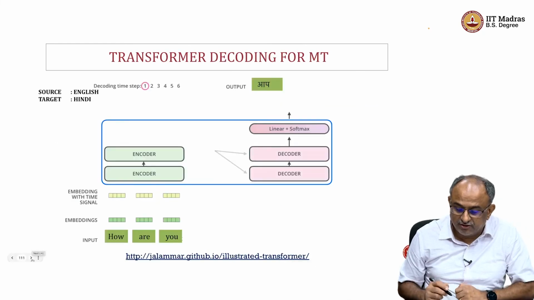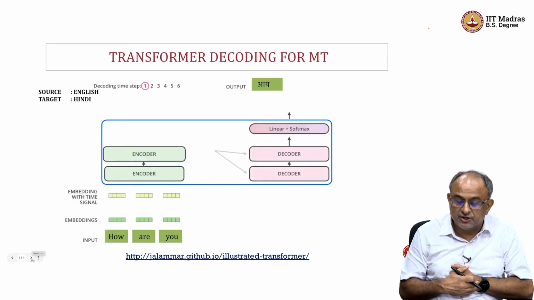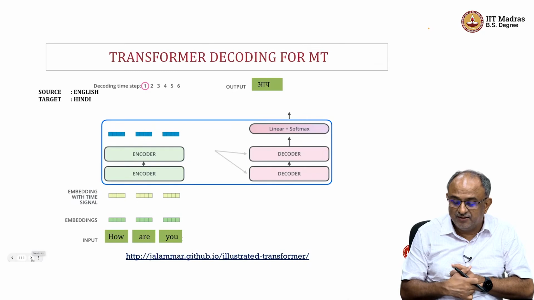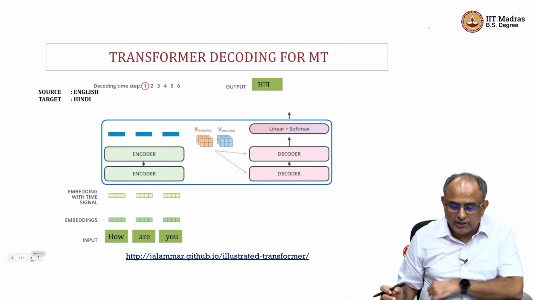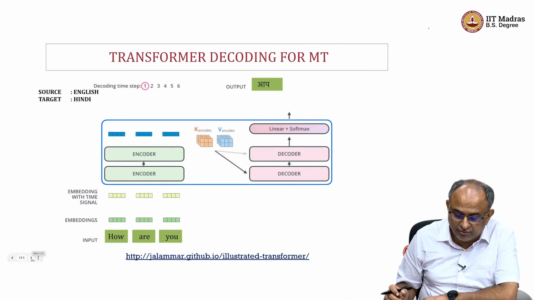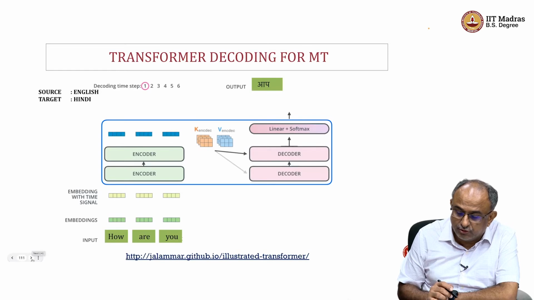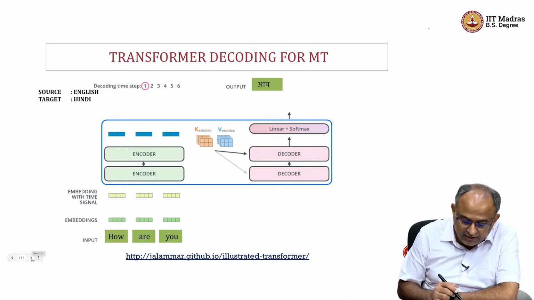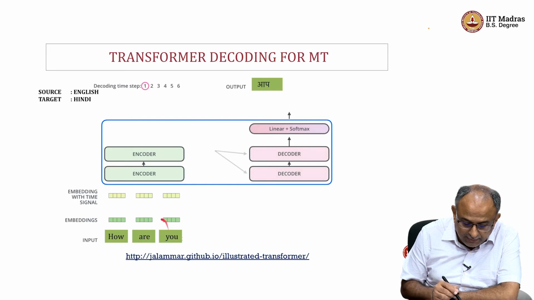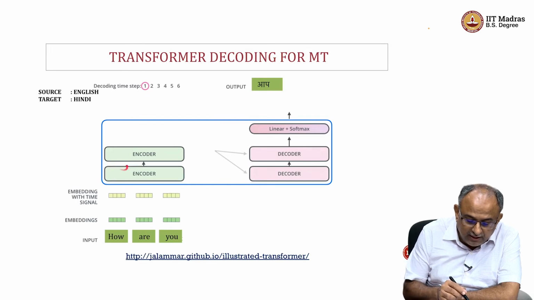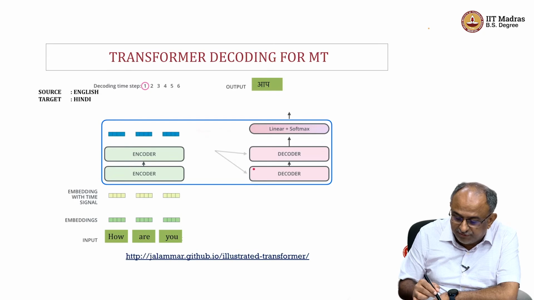Next, there is a person called Jay Alammar, he has nice slides and good animation, so you can check all of these. Let us say that you are going to do Hindi translation. I have the words, and all of these word embeddings will go through in parallel in the encoder, and then they will all come out and feed here.